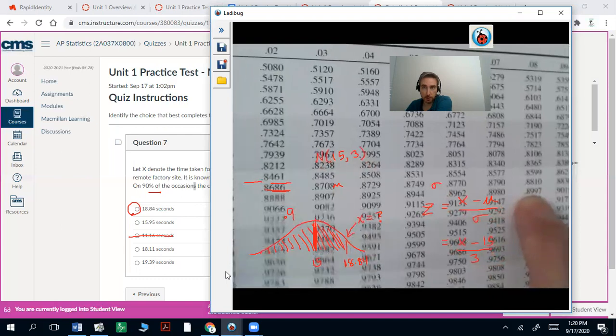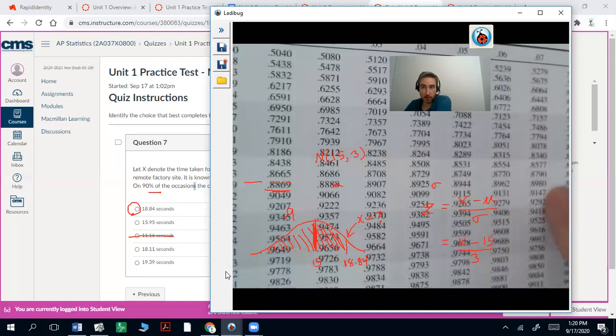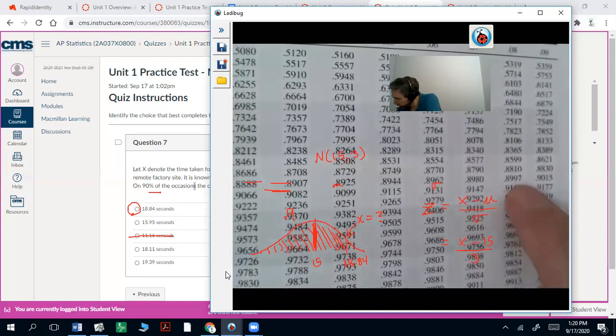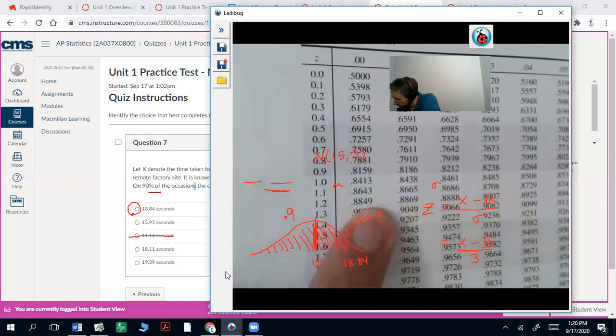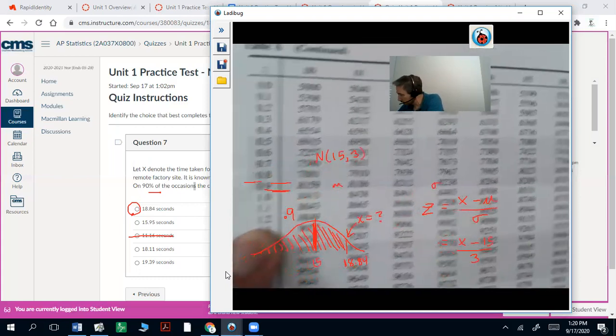0.8997, super close. The hundreds place is going to have an 8 there, and if you follow that over very carefully, it should take you over to 1.2, so 1.28.